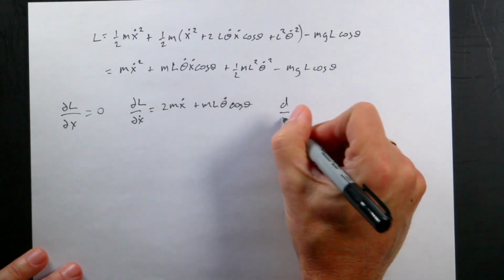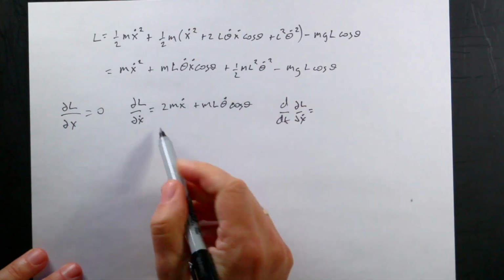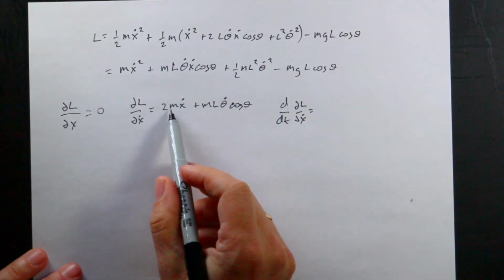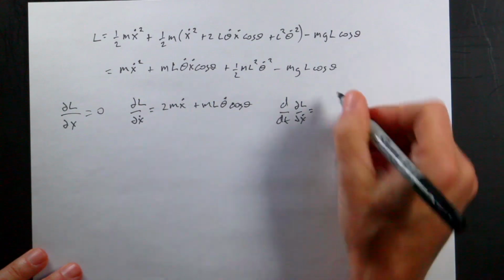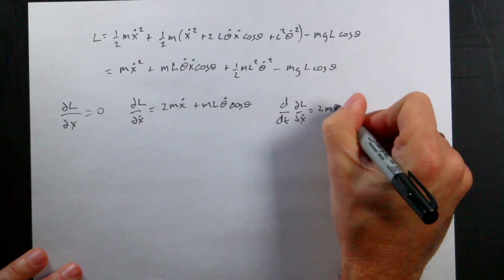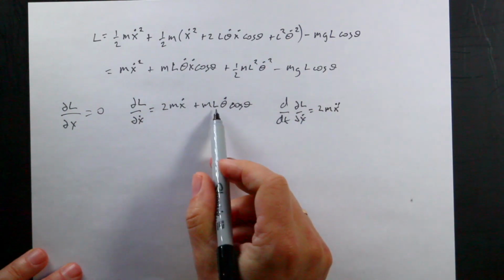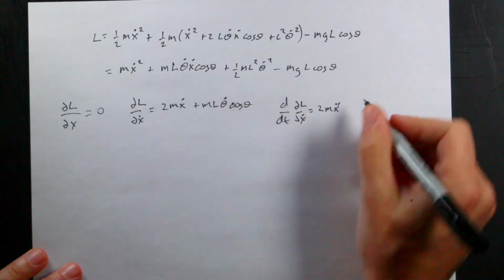So I'm going to take the derivative of that with respect to time, partial of L with respect to x dot. Okay, so here I get m doesn't change, but x does. So the derivative of x dot with respect to time is x double dot. 2m x double dot. And then here I have two terms that depend on time, theta dot and cosine theta. So I'm going to get two terms.